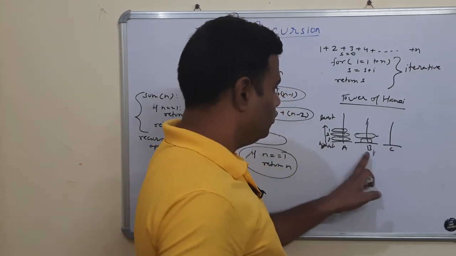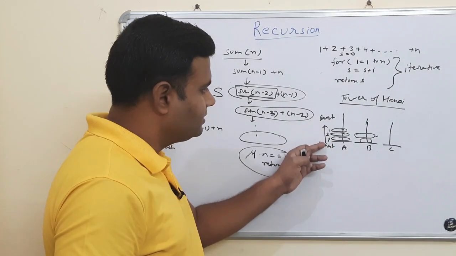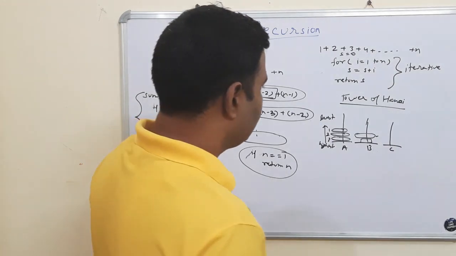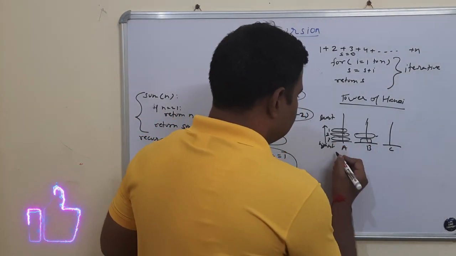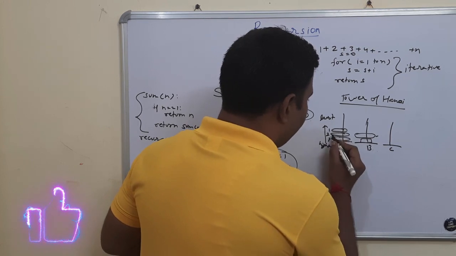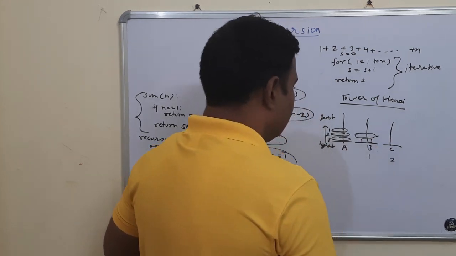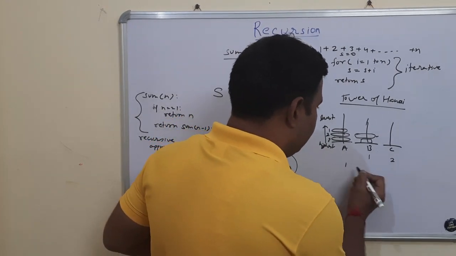So what could be the approach? With 3 disks, you can solve manually. Let's try. What if I put, let's say this is 1 2 3. First I transfer 1 here and then 2 here, and then again 1 here.